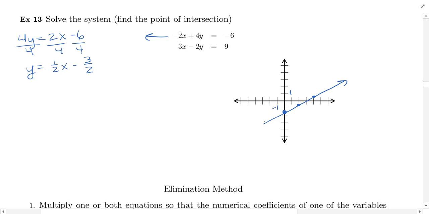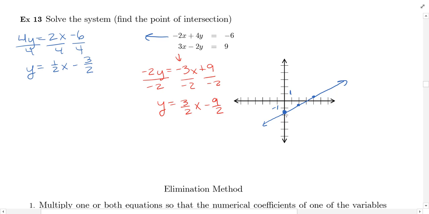If we take our second equation here, 3x minus 2y equals 9. Again, we are going to move that 3x to the other side, so we have 2y is equal to negative 3x plus 9. Divide through by that coefficient negative 2. And we get y is equal to 3 halves x minus 9 halves.